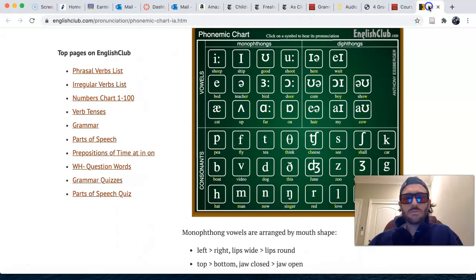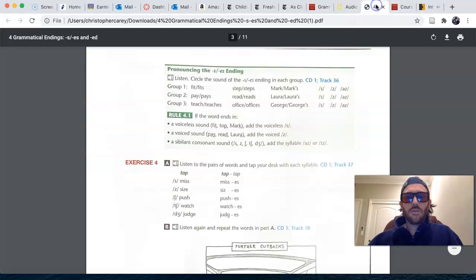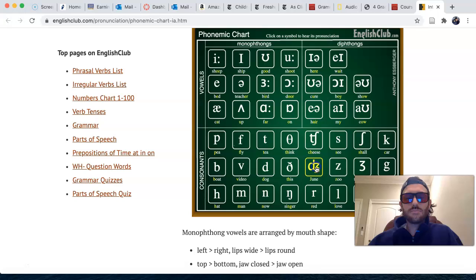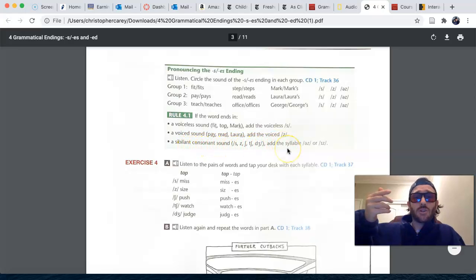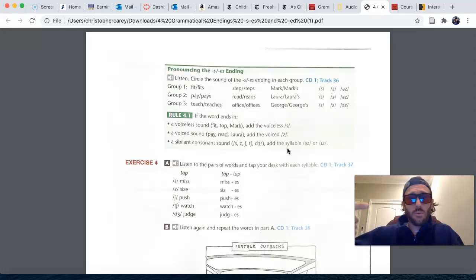Ch, the ch consonant sound, or the j. Any of those consonant sounds, when the word ends with any of those consonant sounds, then we actually have to add another syllable, right?